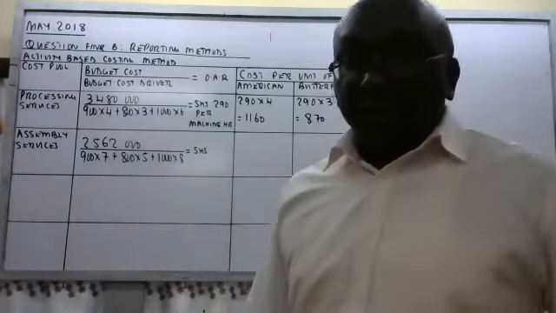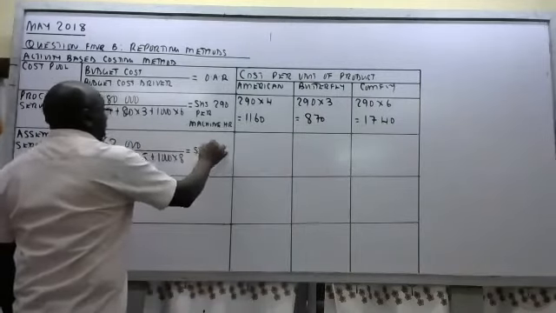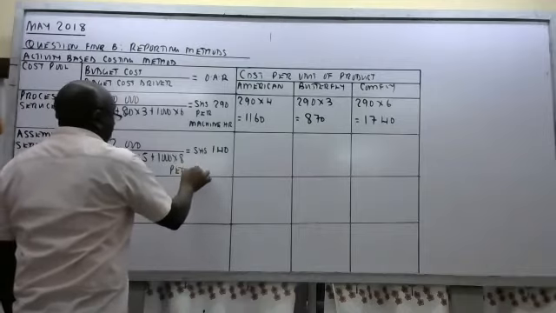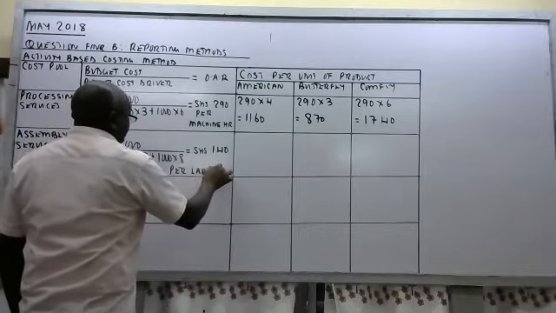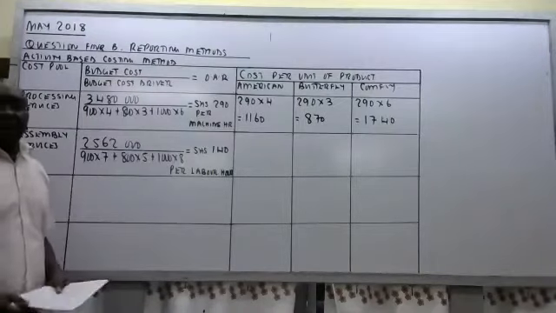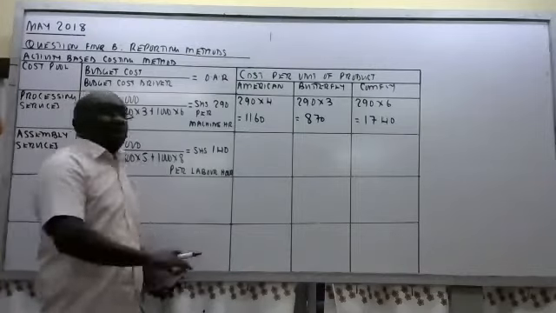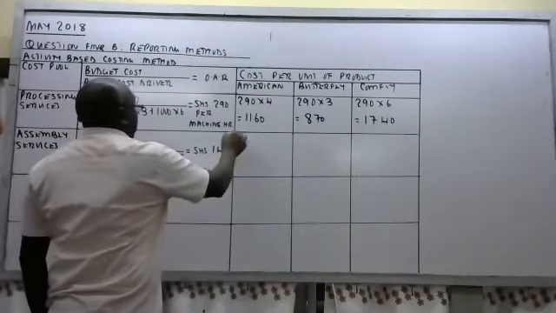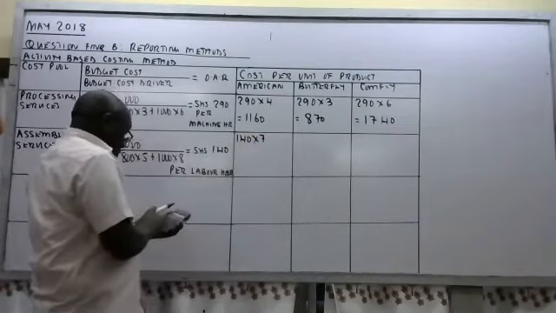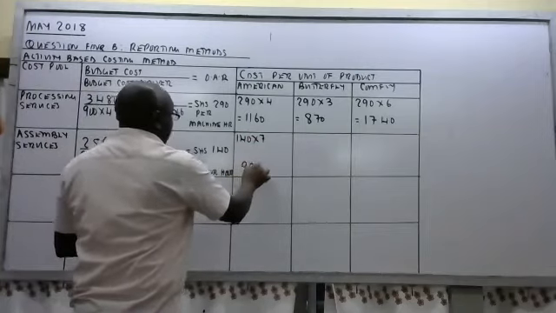Yes, Beth says 140, Eva 140, they're in agreement. So it is shillings 140 per labor hour. So if you're looking for per unit, you say 140 times 7, you get 980.